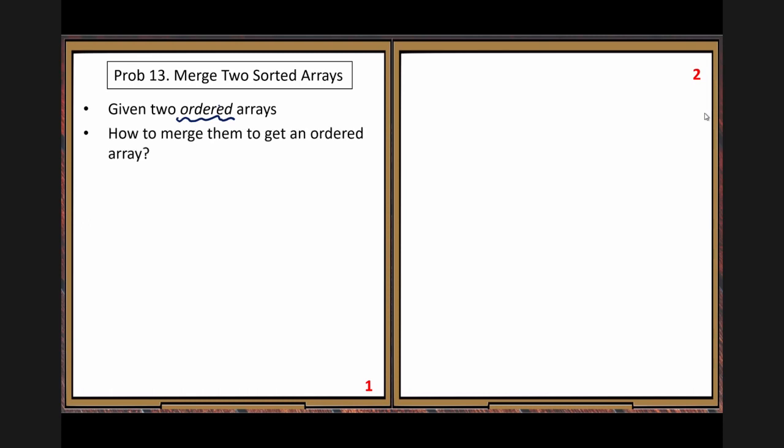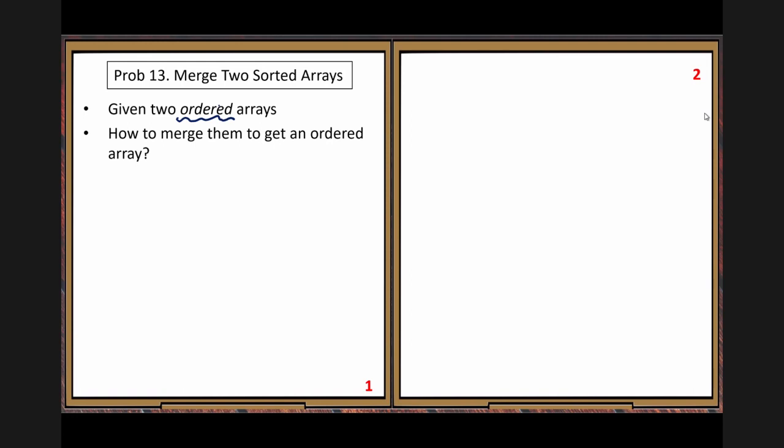How to merge them to get an ordered array. This time, the merge operation. We want to use a very efficient algorithm to merge two ordered arrays to get a larger ordered array.